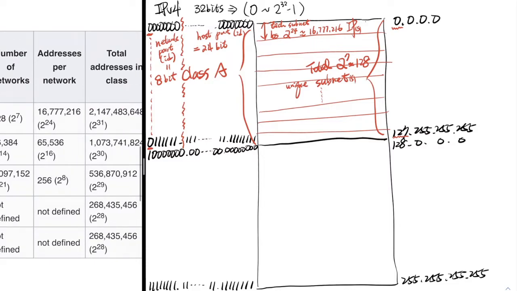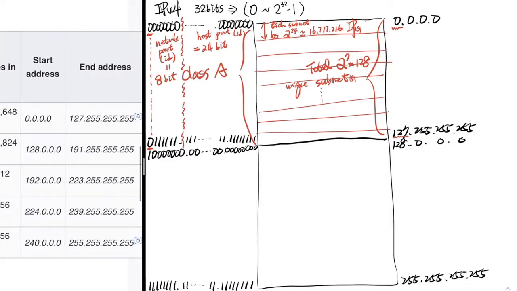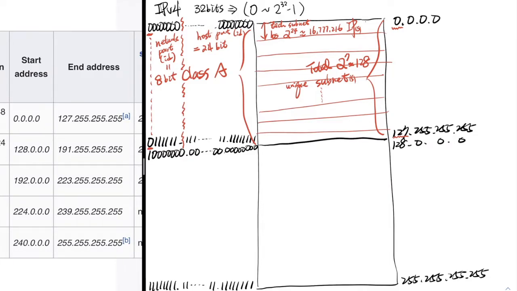The IP addresses per network is 16 million. In total, it's around 2 billion IP addresses in class A. It is a lot of IP addresses, and the starting address is 0.0.0.0, and the end address is 127.255.255.255.